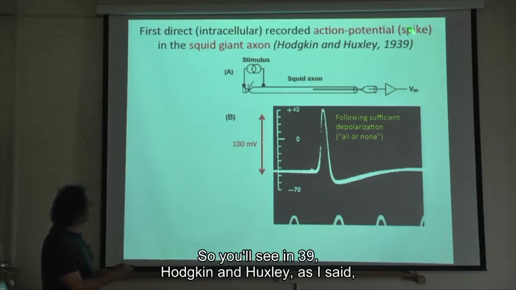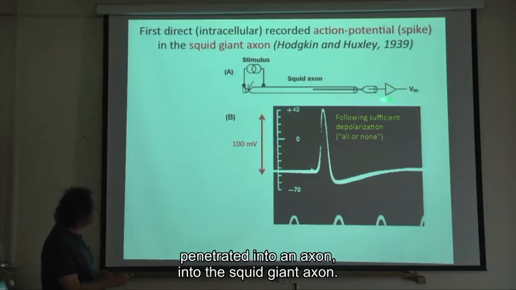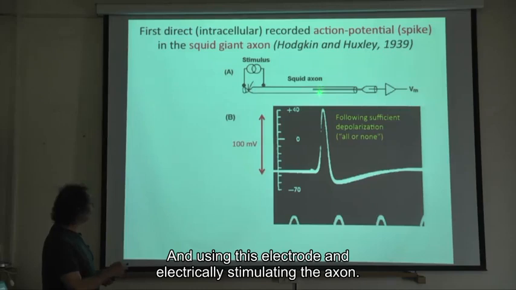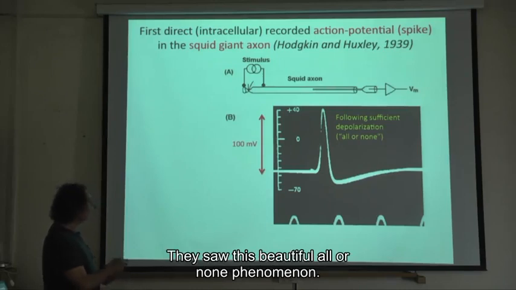So you see in 39, Hodgkin and Huxley, as I said, penetrated into the squid giant axon. They penetrated with an axial electrode, and using this electrode and electrically stimulating the axon, they saw this beautiful all or none phenomenon.